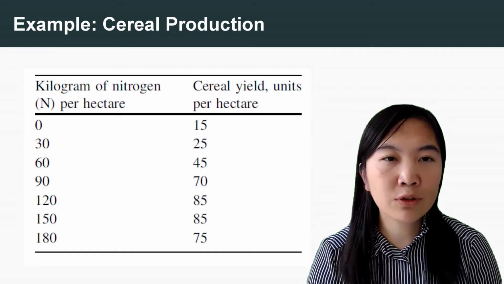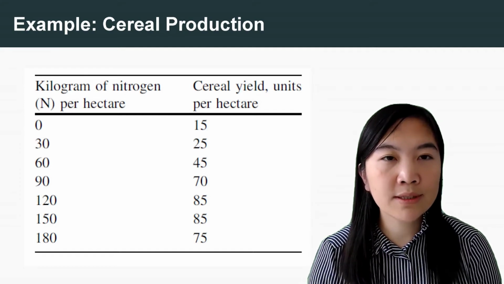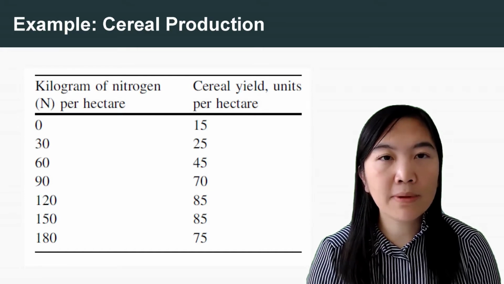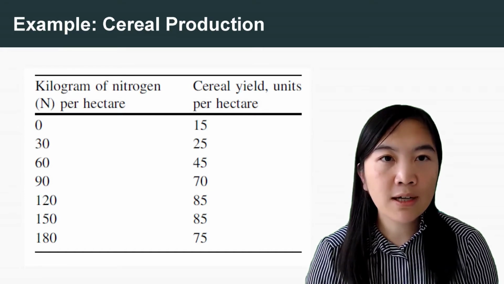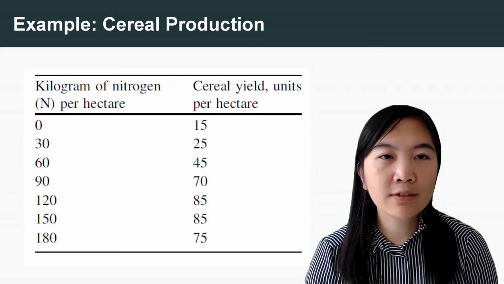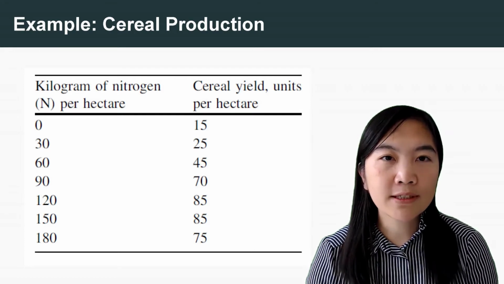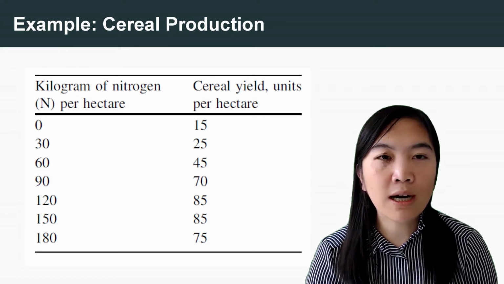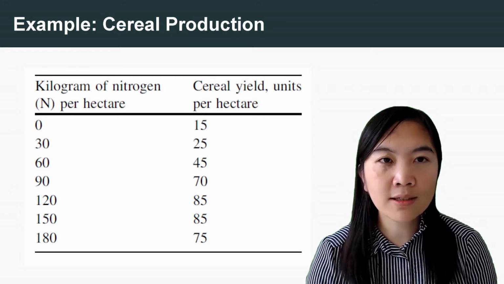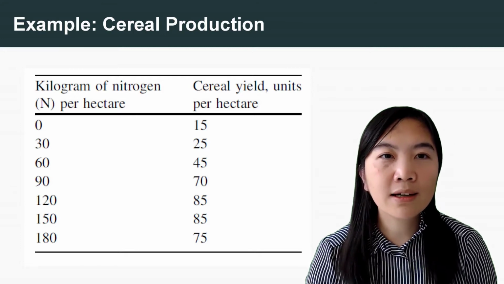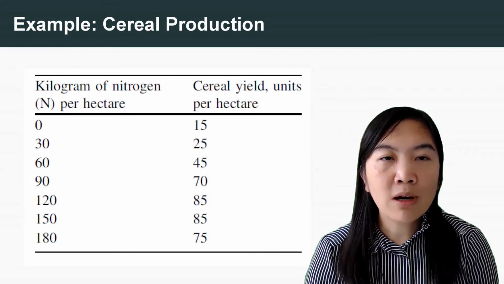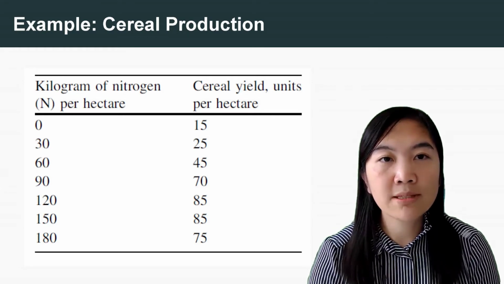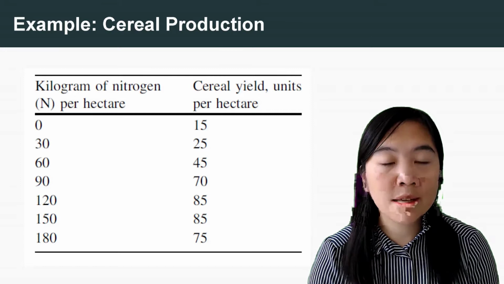So you have your land divided into 7 plots, and for each plot you apply different levels of nitrogen, and then at the end of the year after harvest, you keep a record of the yield for each of those 7 plots. And when you get the data, for example, one of your plots might be the control plot, which means that you didn't apply nitrogen in that plot.